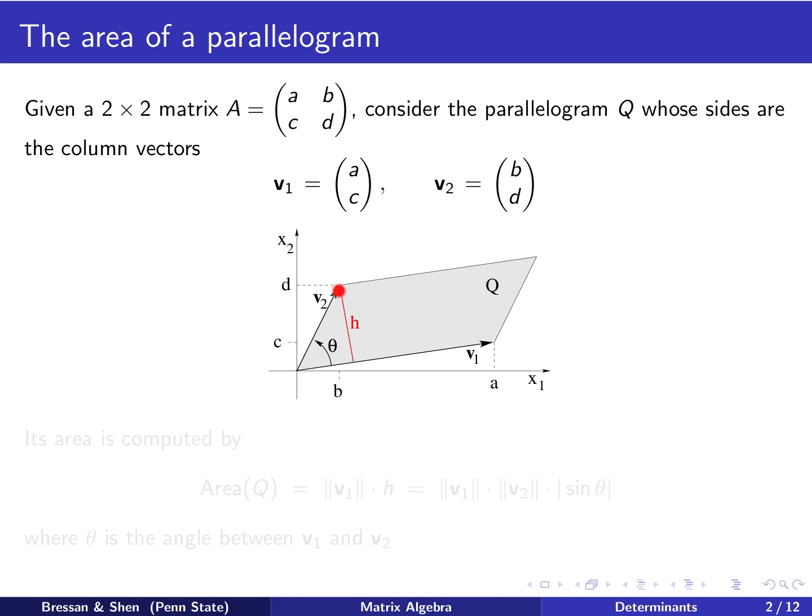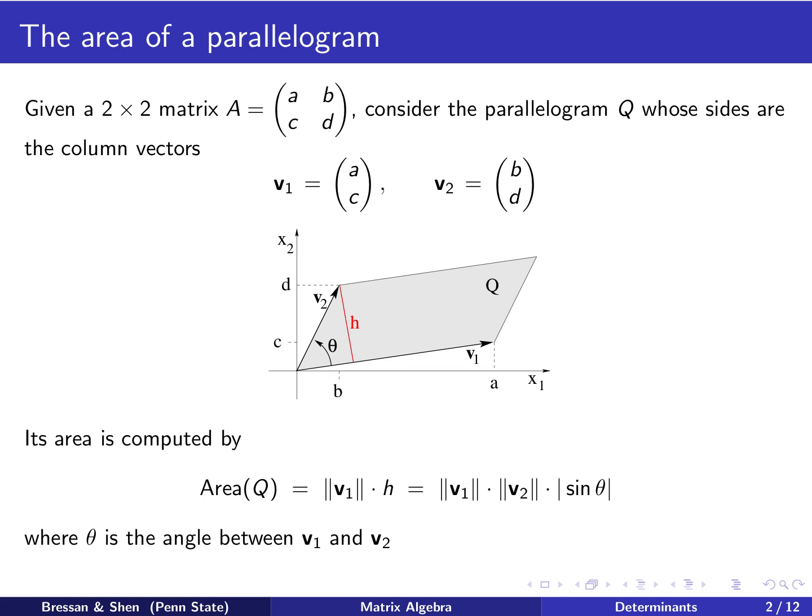So at the end of the vector V2, I draw a vector parallel to V1. And then this one is also parallel to V2, so I form this parallelogram. And I want to find the area of this parallelogram, and let's call it Q.